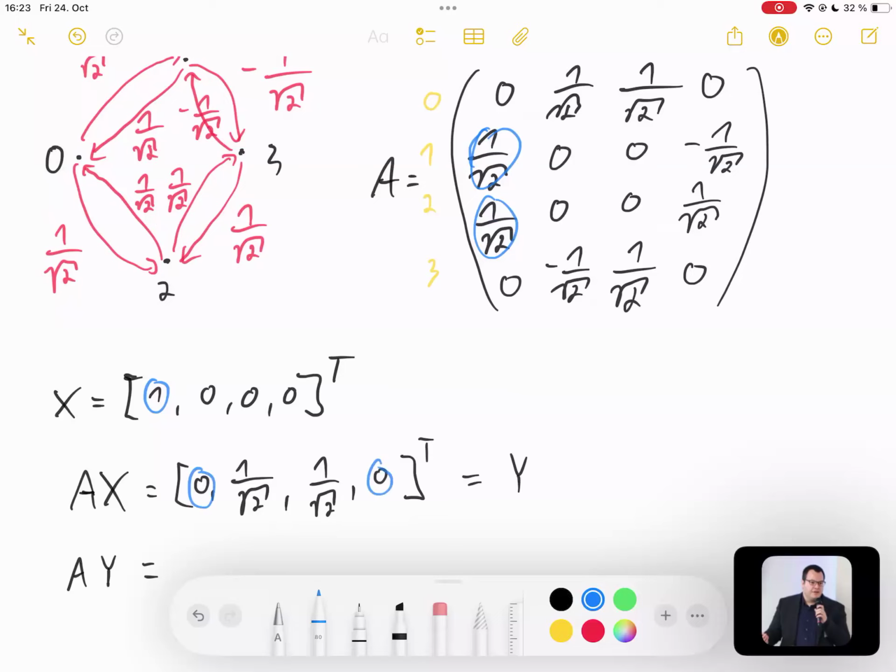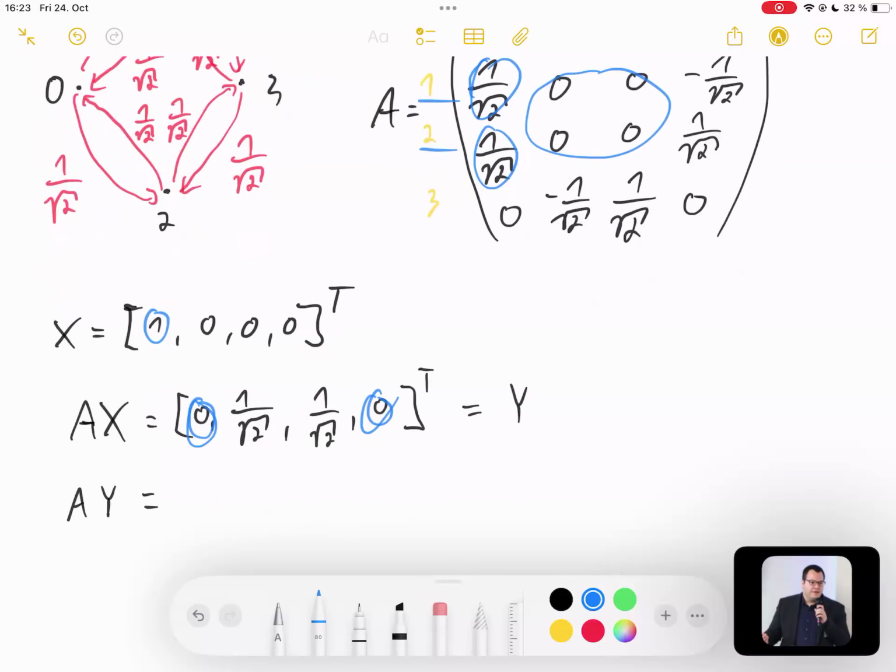That means if I multiply this with the second or third row, this will just lead to zeros because I have these zeros here and these zeros there. So eventually this will all be 0 for the second and the third entry, so 0, 0.